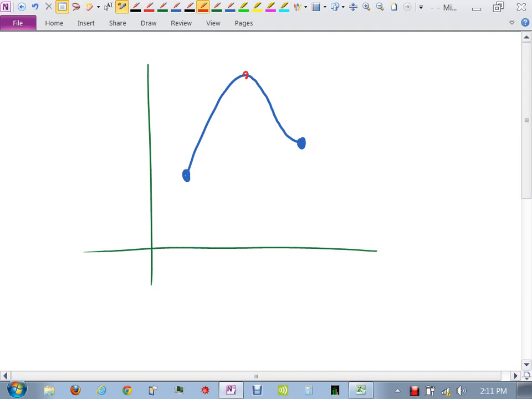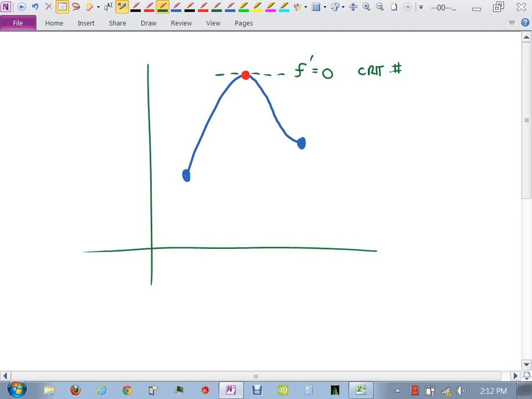It's right there, right? What is happening at that absolute maximum? Tell me about the derivative there. What's the slope of the tangent line? 0, right? So right here, we have 0. So that's a critical number. The critical number is where that occurs. With me? What about the absolute minimum?